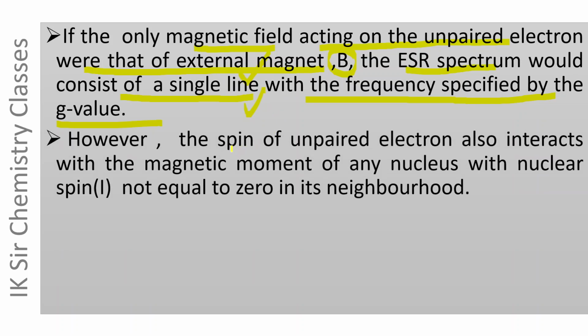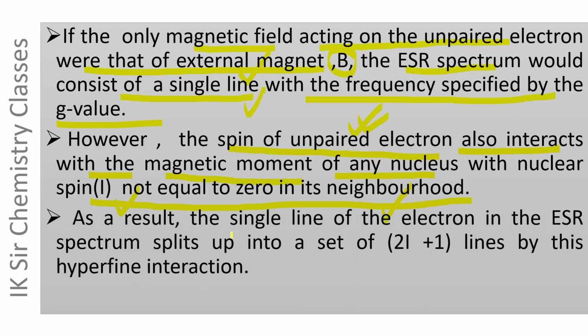However, the spin of unpaired electron also interacts with the magnetic moment of any nucleus with nuclear spin not equal to 0 in its vicinity, in its neighborhood. The spin of unpaired electron also interacts with the magnetic moment produced by nearby nucleus with non-zero nuclear spin.